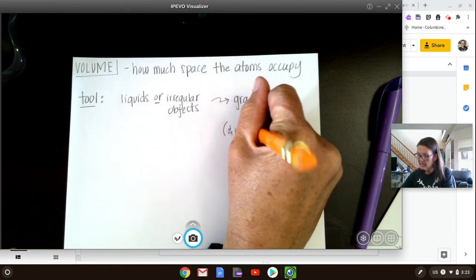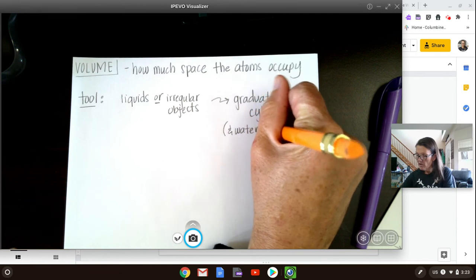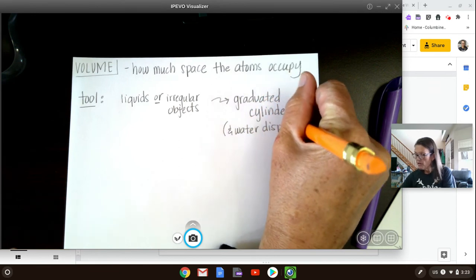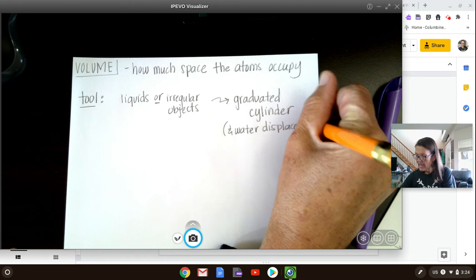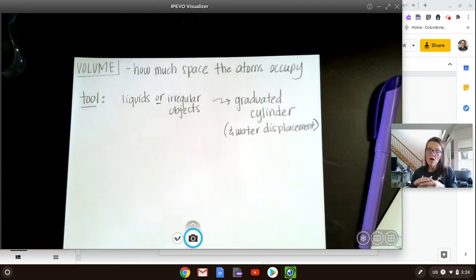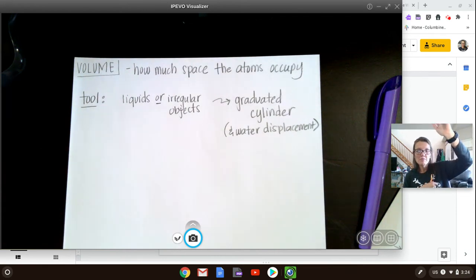For the irregularly shaped object, you're going to use a graduated cylinder and you're going to do something called water displacement. You guys have all seen this before. In water displacement, what you're going to do is take your graduated cylinder and put some water in it, note the mark. Then drop your item into the water in the graduated cylinder and notice how it changes. That difference between the pure liquid and then the liquid with whatever the object is the volume of that object.